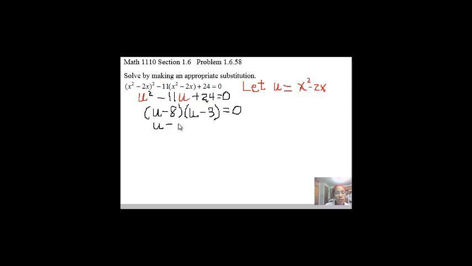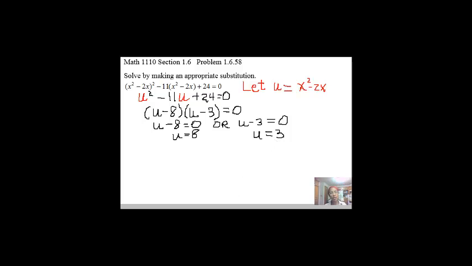which means either u minus 8 is 0 or u minus 3 is 0. Well, that means u is 8. If I add 8 to both sides of this first equation, I'll obtain u equals 8, or u equals 3.